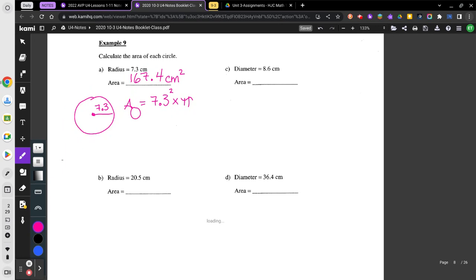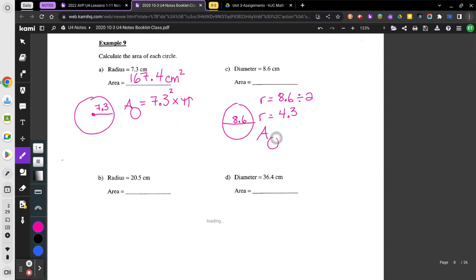On the next one, letter C, they're giving us diameter all the way across is 8.6. So radius is half of that. 8.6 divided by 2. So our radius is 4.3.